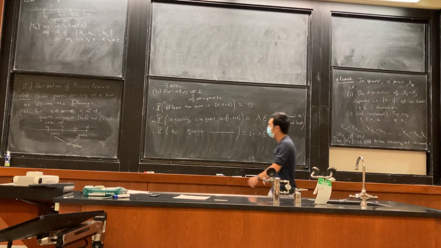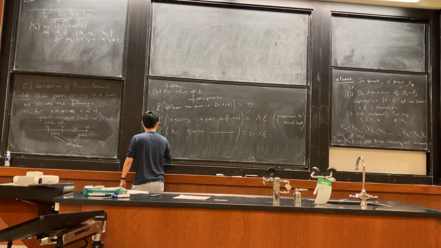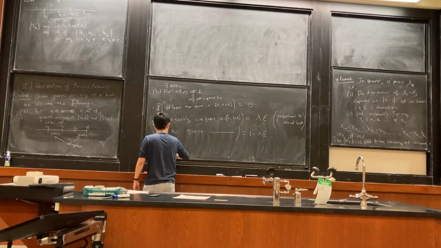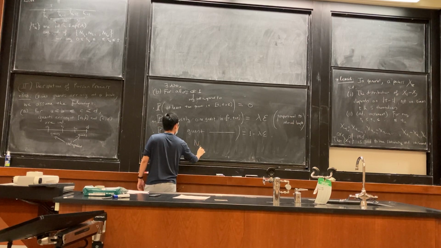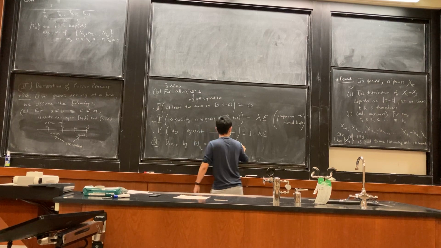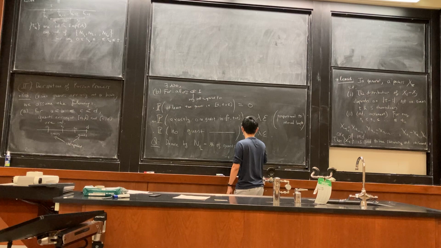So now the question is, denote by N sub 1 the number of guests in the first hour.